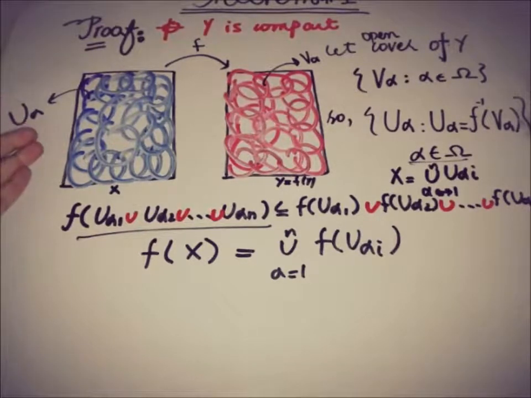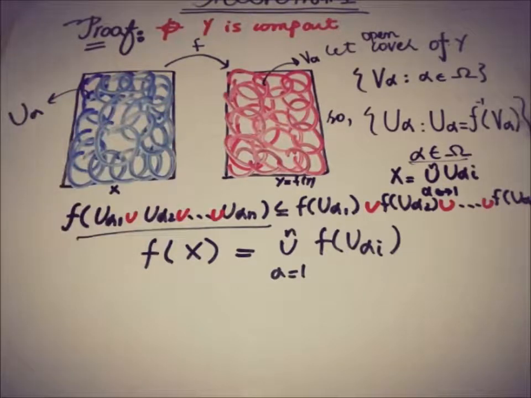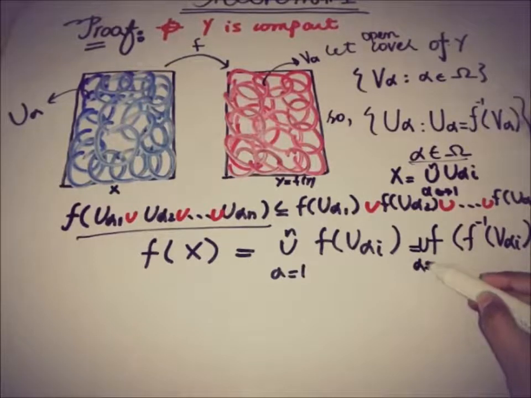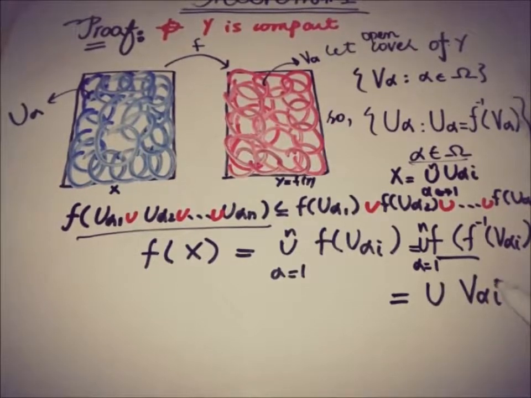All of these U alpha i's are the inverse images of V alpha i's, so we can also write it as f of f inverse of V alpha i, union for i from 1 to n. So this will cancel out each other and eventually equals the union of V alpha i, where i goes from 1 to n. And this is by definition a subset of f of X, because f of X is Y.